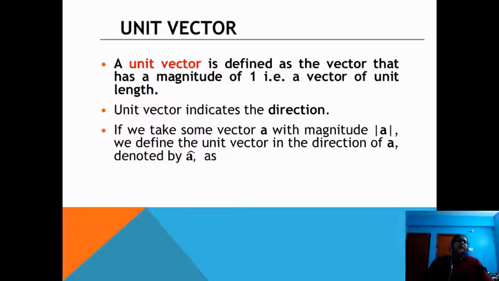If we have a vector A with magnitude mod A, we can define a unit vector in the direction of A as the vector A divided by mod A. Of course this is a vector whose length is 1 and whose direction is the direction of the vector A. So now we can understand why we say that a unit vector indicates direction.